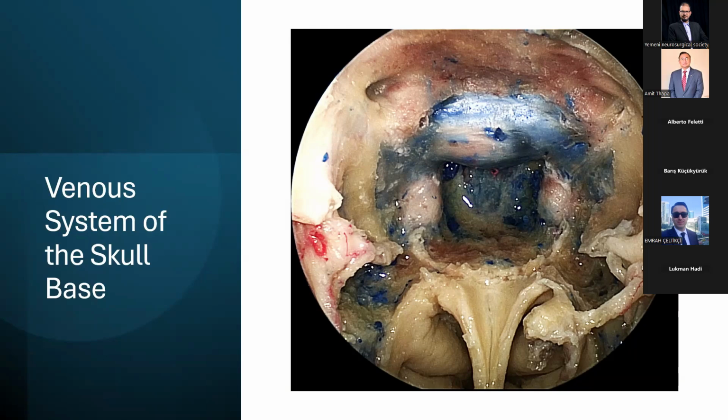So we should understand, especially from the point of view of endoscopic skull base surgery, the importance of this venous drainage, because sometimes my young colleagues consult me saying they have problems dealing with venous bleeding in this region. But it's not only the cavernous sinus, or only the basilar plexus.